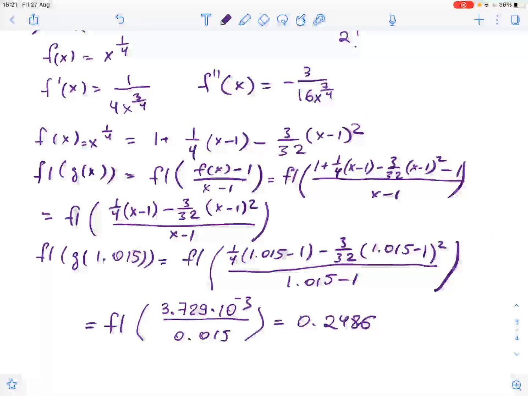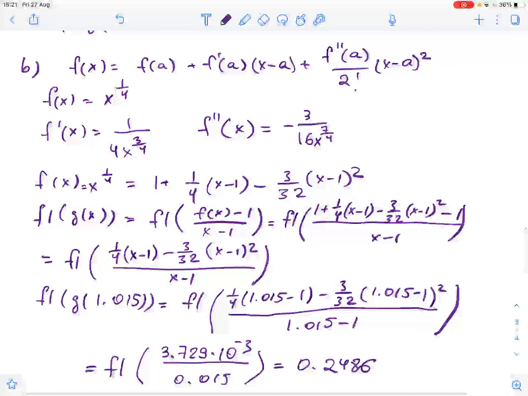So from part A, we have seen that the exact value of g of x is 0.248605929, and the error should be less than 5 times 10 to the power of negative 4, and the error is within the machine precision here. So this result is much more accurate than the result in part A.